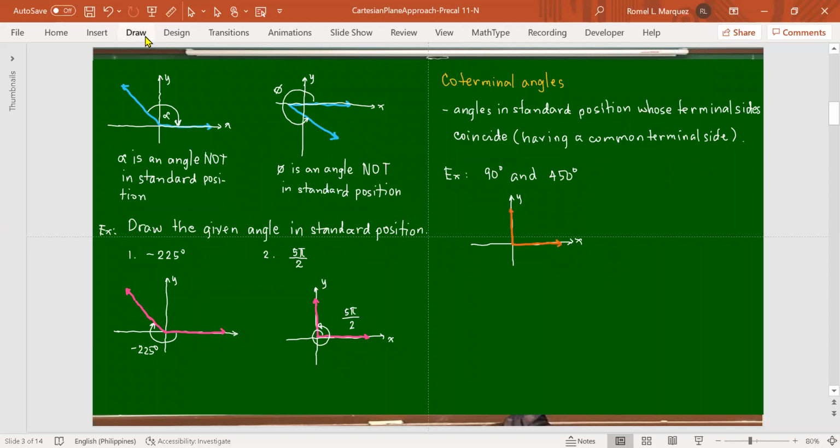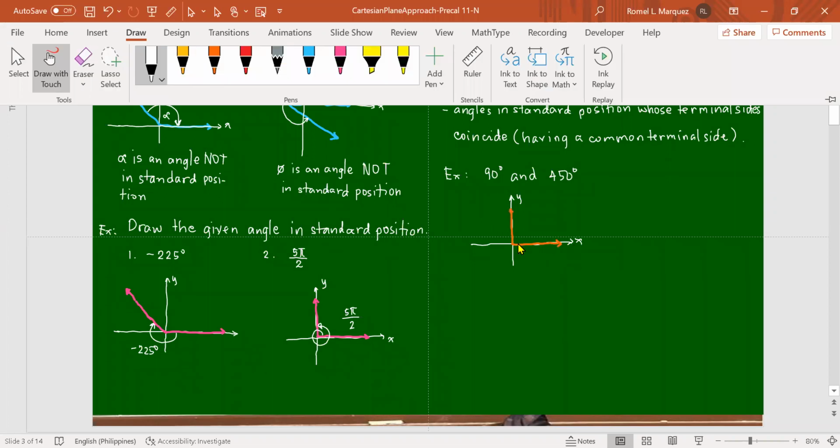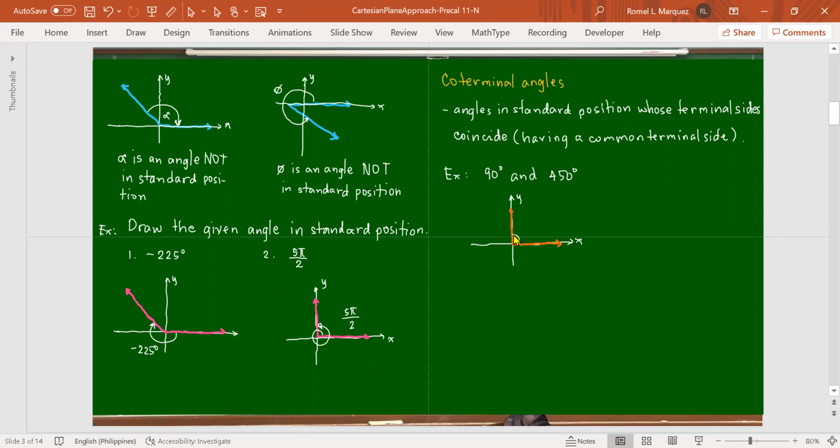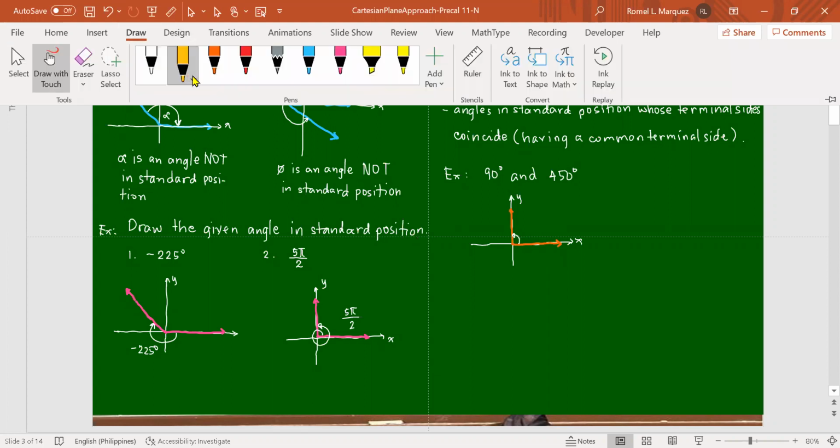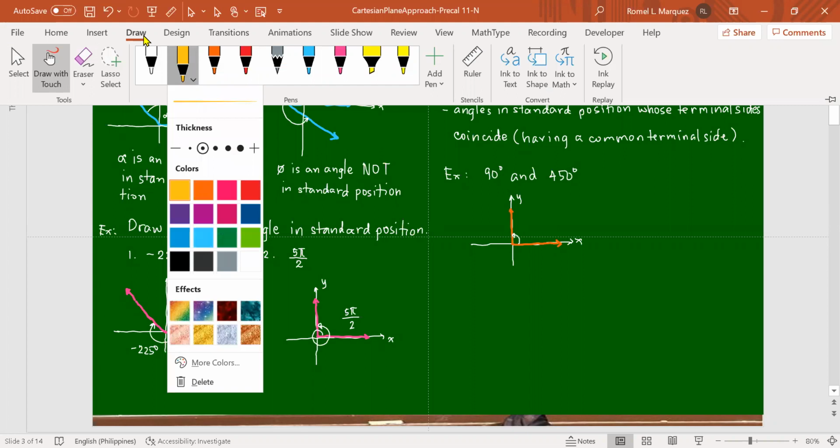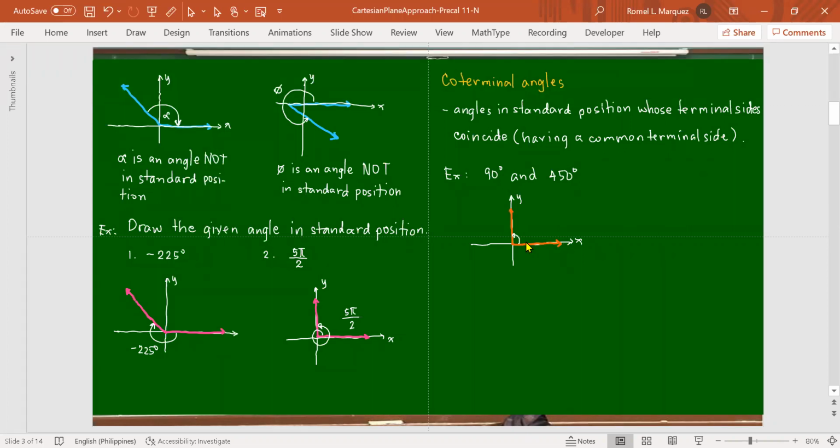I'm going to draw first one arrow, 90. That is 90 degrees. Let's have another arrow, this time 450. So 90 and 450 respectively are coterminal angles.